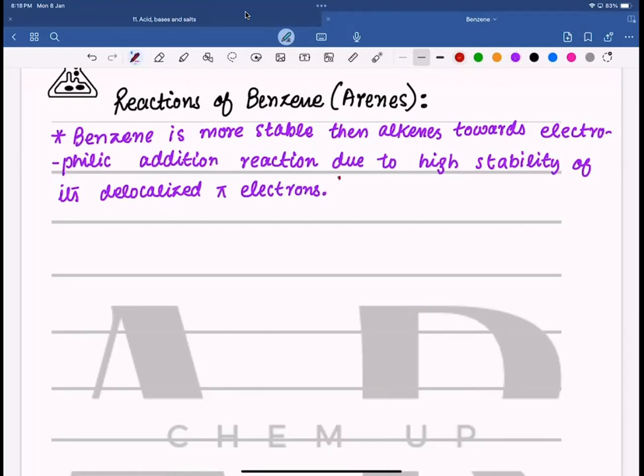Due to this reason, if we have to do electrophilic addition in benzene, we need extreme conditions. Under those extreme conditions, electrophilic addition can be done in benzene, but under normal conditions, benzene doesn't go through electrophilic addition reaction.